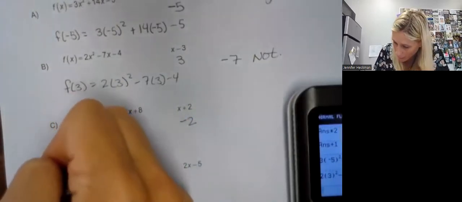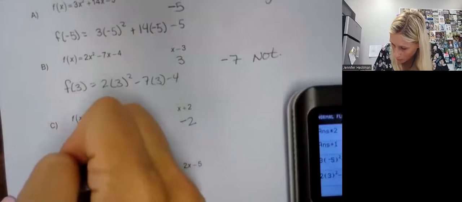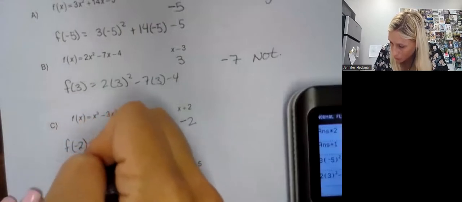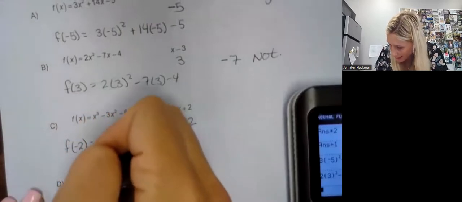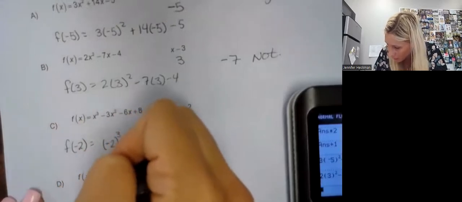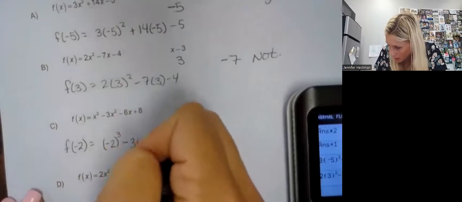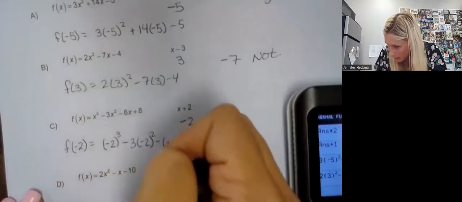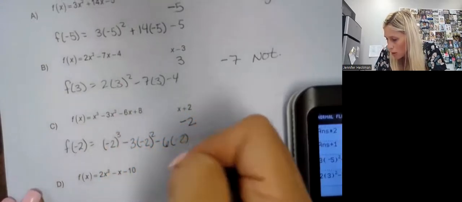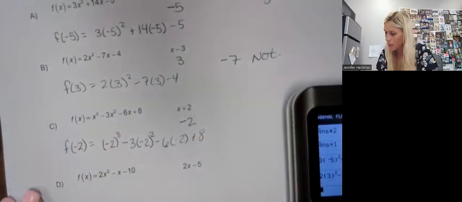F of -2 equals. So make sure you put your negatives in parentheses, because that will change your answer if you use your calculator. Squared minus 6 times -2 plus 8. I'm going to plug that in.